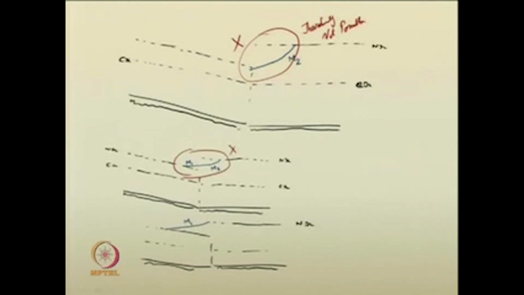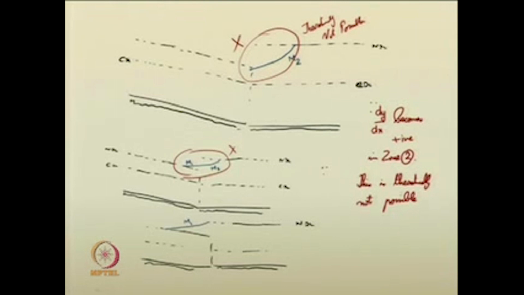So, this is also theoretically not possible, because in both the cases dy by dx becomes positive in zone 2. Okay? So, these two flow profiles will not exist.